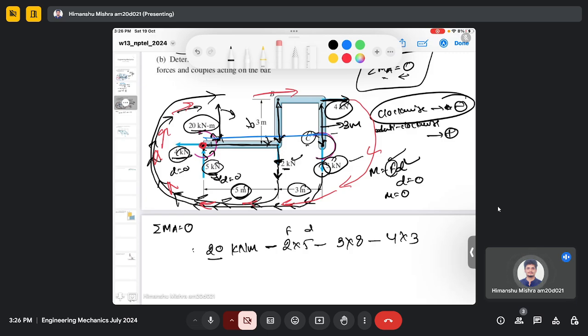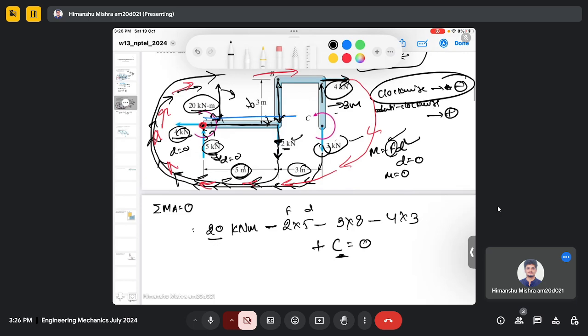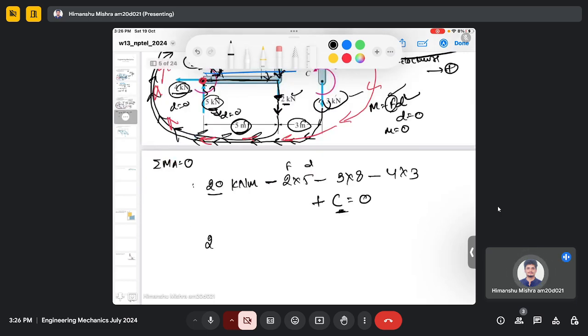Then we need to find the moment. There will be the effect of this moment also at C, and you can see it's in the anti-clockwise direction, which means it should be positive. So there will be plus C equals 0, and we need to find this C. So we will have the equation 20 minus 10, 24 minus 12 plus C equals 0.